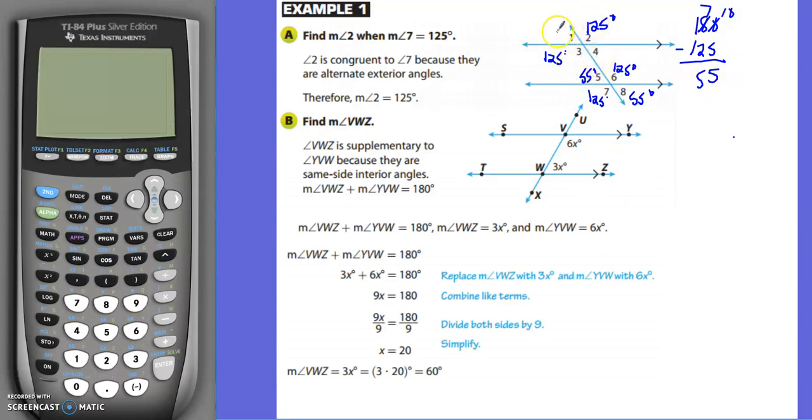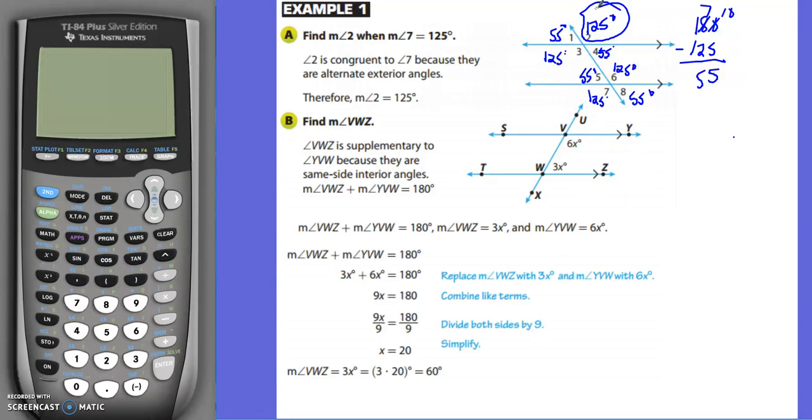Based upon corresponding angles, this is 55, and this is 55. So you can know just one angle on a transversal and be able to figure out the rest. So we want to know, what is the measure of angle 2? It is 125, based upon vertical and corresponding angles.